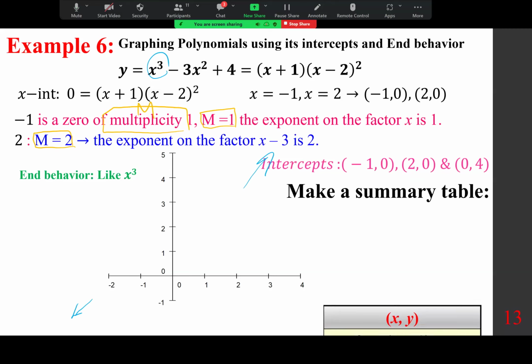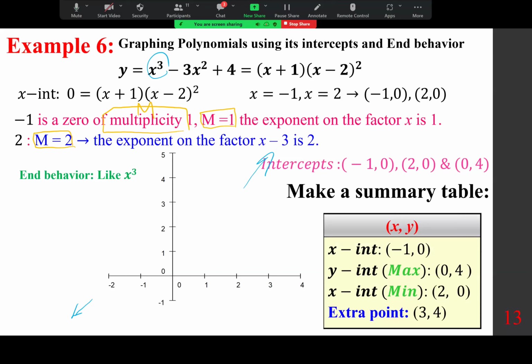So let's make up a summary table for what we have so far. So we have the x-intercept at -1, 0. We have the y-intercept at 0, 4. Well, later on, you'll see that in calculus, we have this arrow.